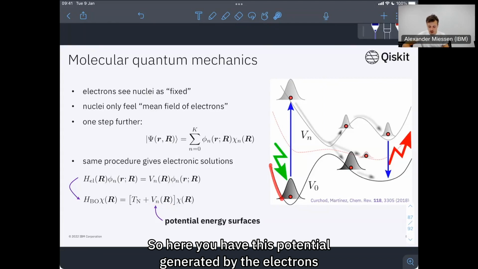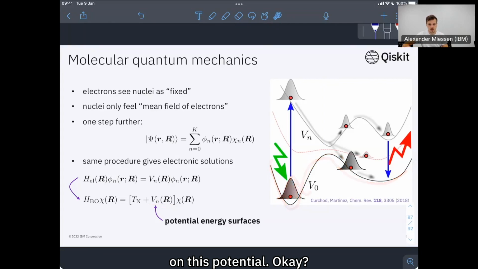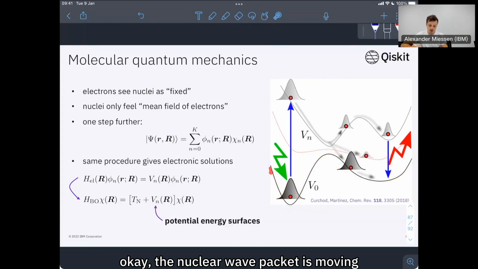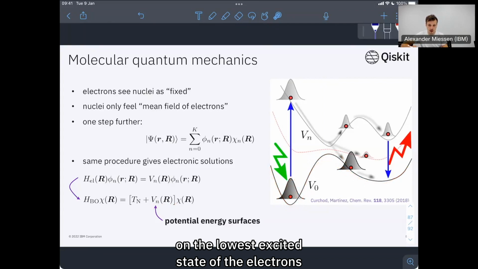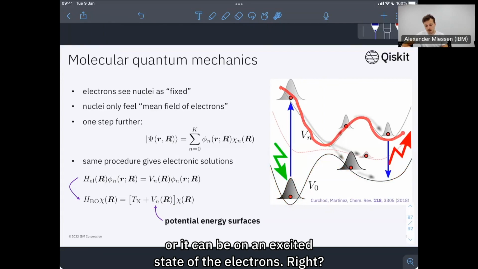So here you have this potential generated by the electrons, and you have some nuclear wave packet moving on this potential, okay? Now, depending on the n that you choose here, you can say, okay, the nuclear wave packet is moving on the lowest excited state of the electron, so the lowest potential energy surface, or it can be on an excited state of the electrons, right?